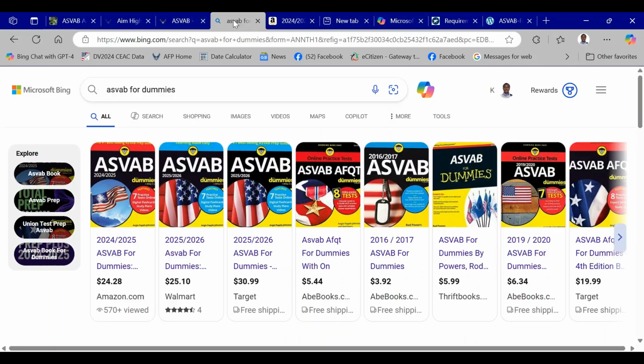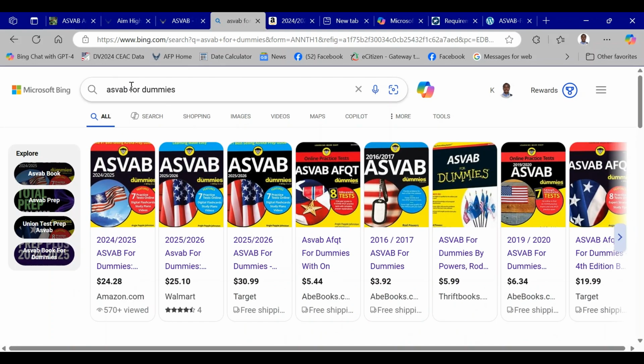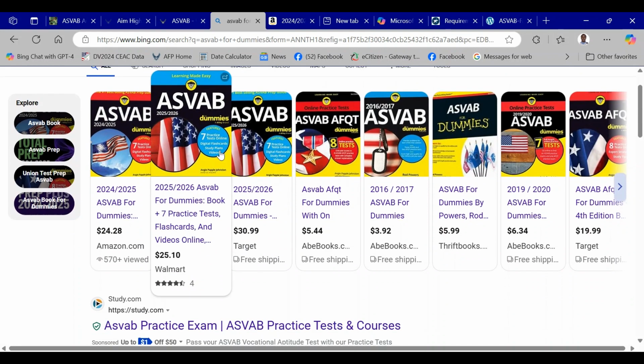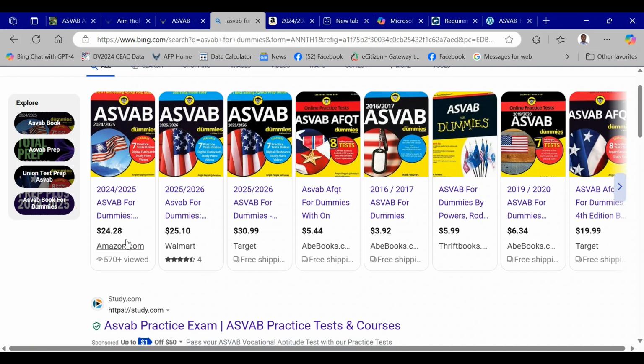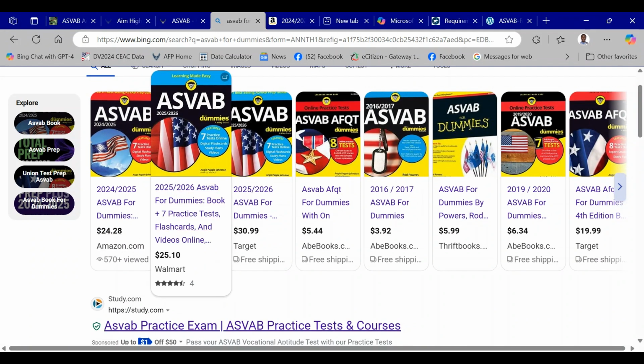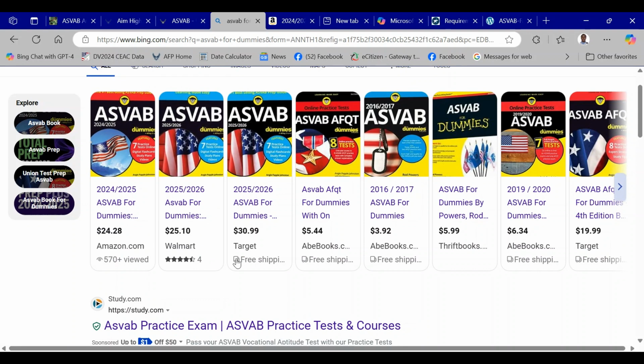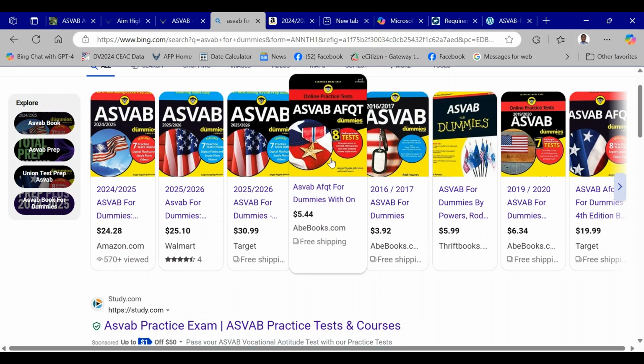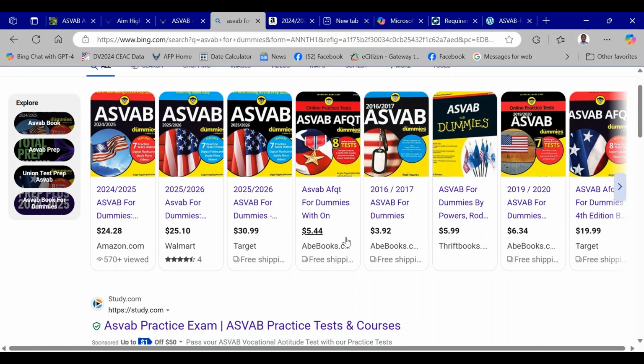Just type ASVAB for Dummies, and you'll be able to see these books. There is one being sold at 24 US dollars at Amazon. There is one at Walmart, 25. Target, 30. And then this one is an ebook, $5.